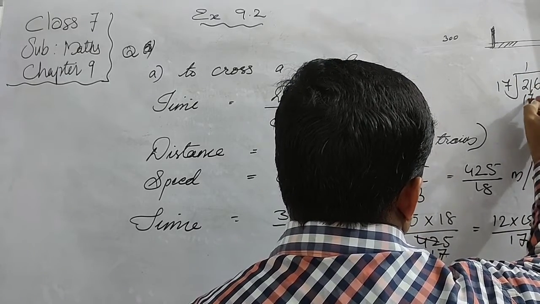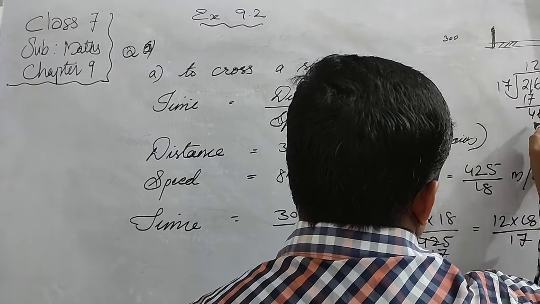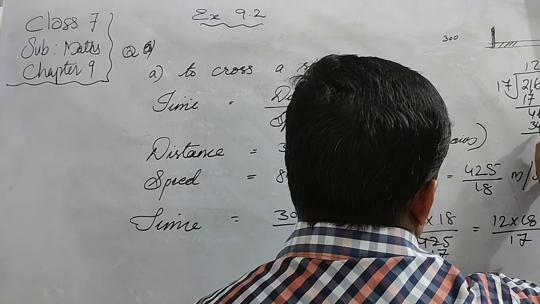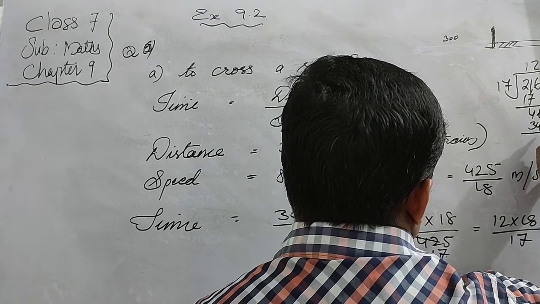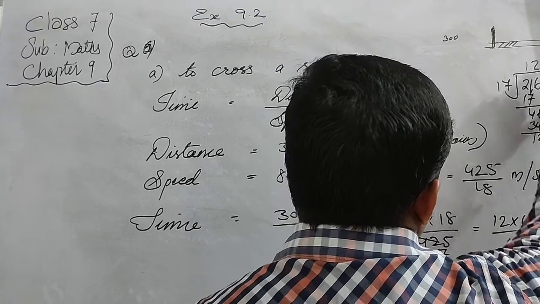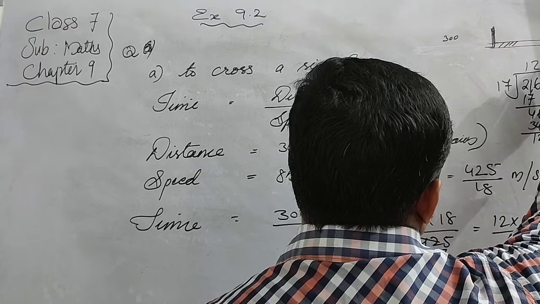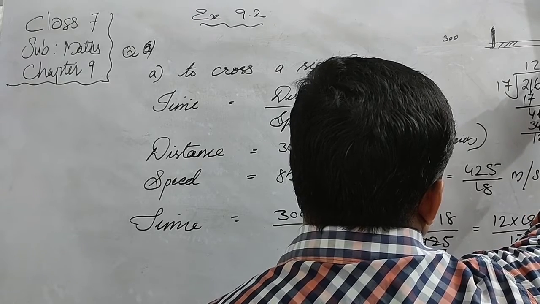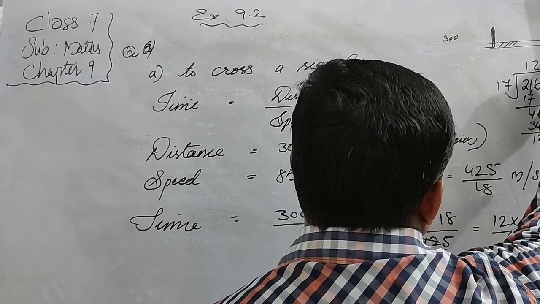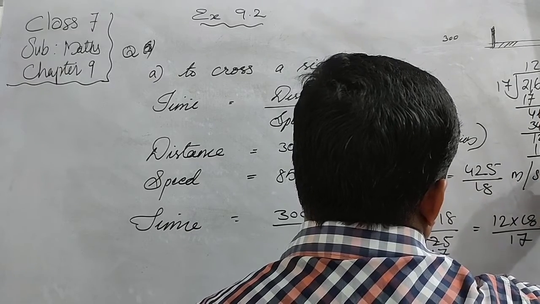1 times 17, 46. 2 times 34, 12, and here point 120. 7 times, 119.